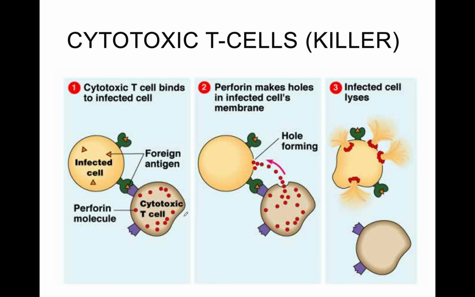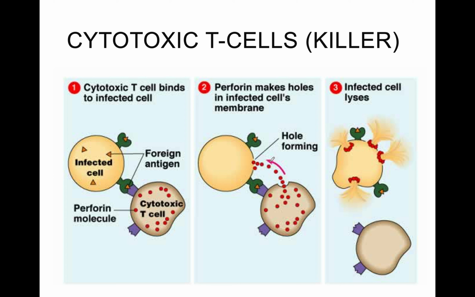Inside the cytotoxic T cells are molecules called perforins. These are proteins which are released from the cytotoxic T cell and directed towards the infected cell. So that's a host cell, a cell from the person that's been infected by this new virus.